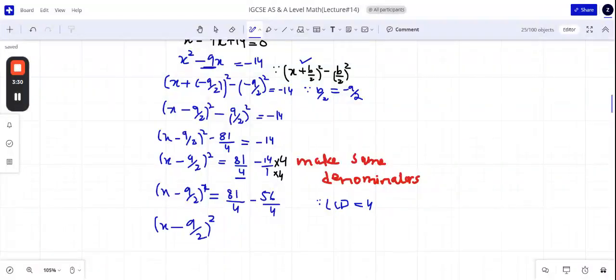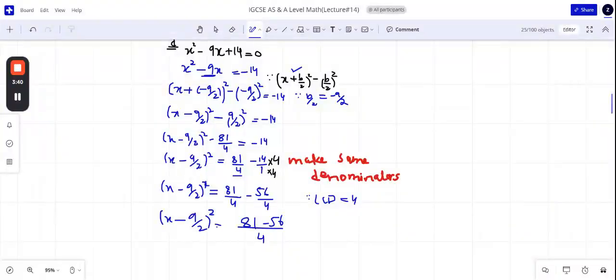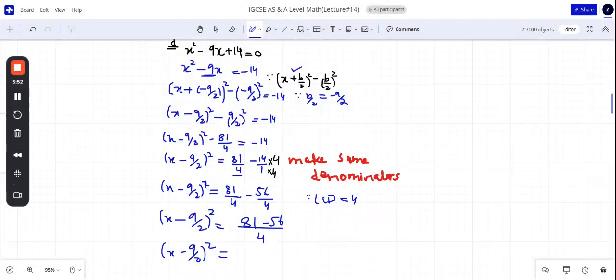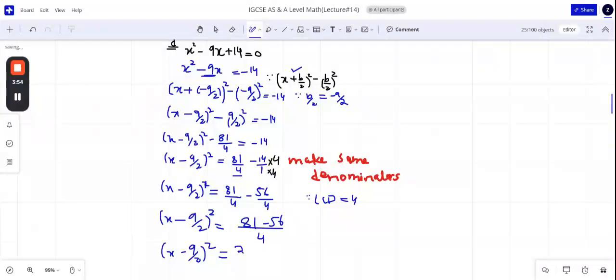So when the denominators are same, you will just put the ones, the LCM is 4, and write down the top values together. Thus, at the end, x minus 9 by 2, again we will keep same. So 81 minus 56, it would be 25 over 4.